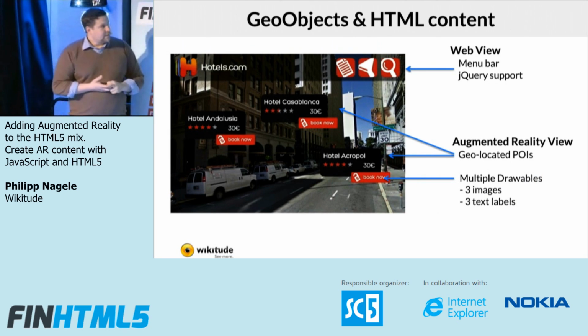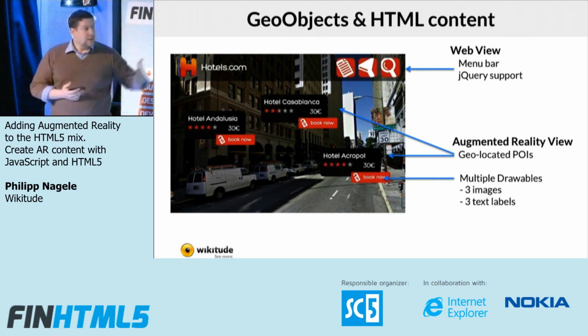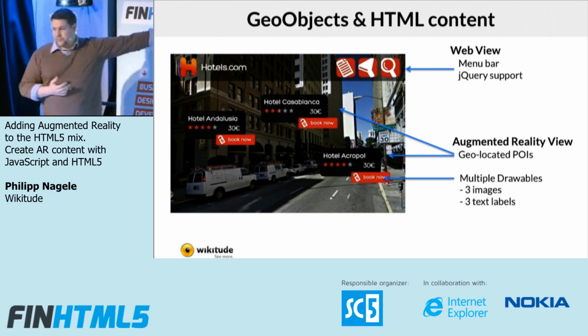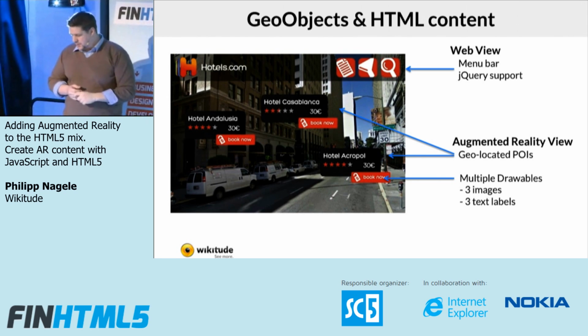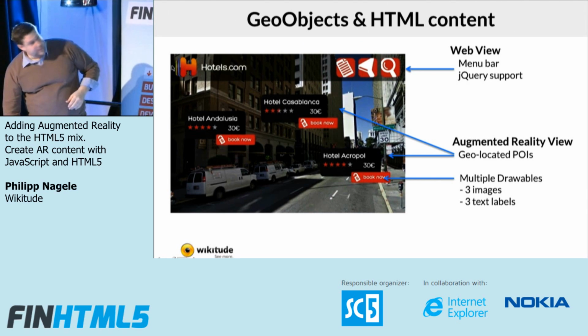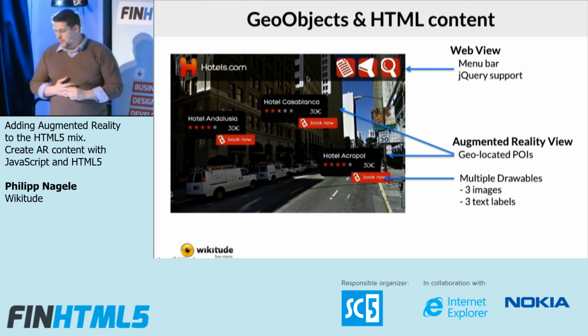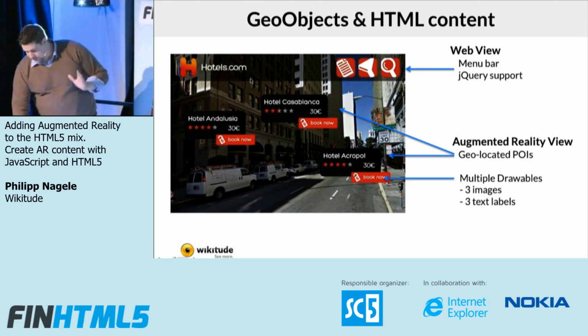A little bit more practical. I have 3 layers or 3 levels. The real-time camera image, here of San Francisco, I think. Then on the top, this menu bar here is a regular web view, which includes jQuery Mobile. Just a regular web view, nothing special.